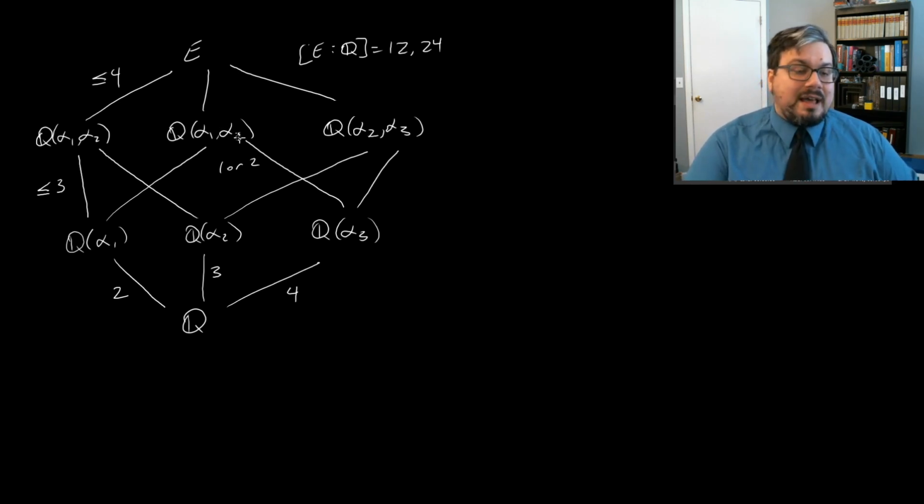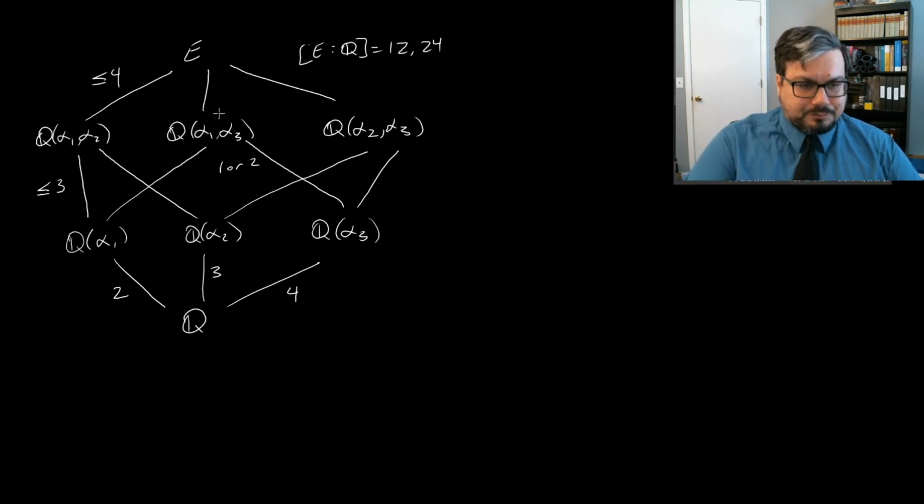Now, if it's 1, that would mean that these two fields are actually the same, that we've written them out separately, but they're actually the same, which can happen, in which case we'll rewrite our diagram.